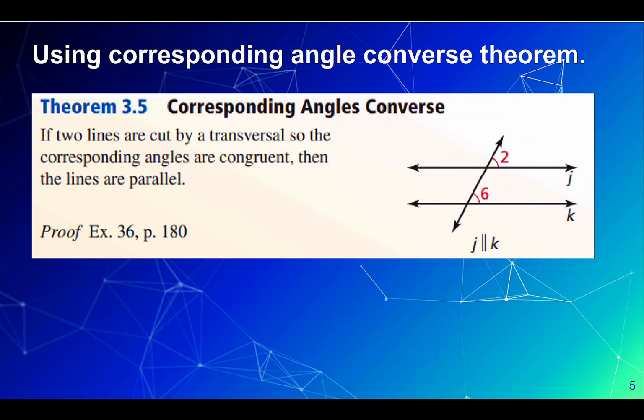So if we're not given that the lines are parallel, we can say angle 2 is congruent to angle 6, therefore J is parallel to K. That's what the converse does.